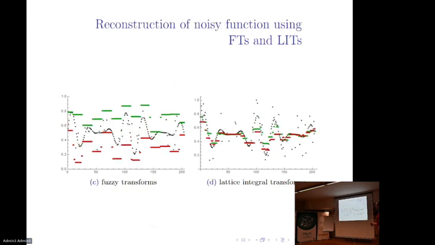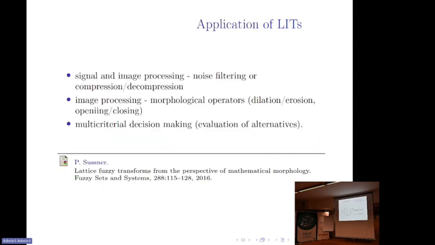For example, if we have a noisy function, the upper and lower approximations using the fuzzy transform are of no use, because there is no reduction of the noise. It cannot be used as a filter. But in the case of the lattice integral transform, we can suppress the noise, or even suppress some high frequencies, and so on. So lattice integral transforms are a challenge for new types of filters, for example in signal processing.